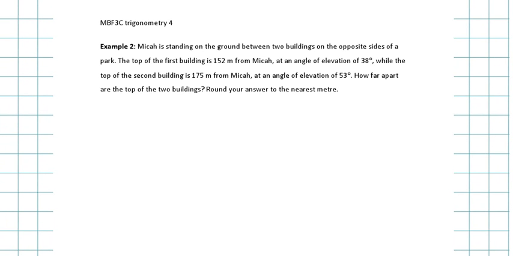Draw a line from that person to the top of the building and draw a line from that person to the top of the other building. So, first building, second building, person in the middle.